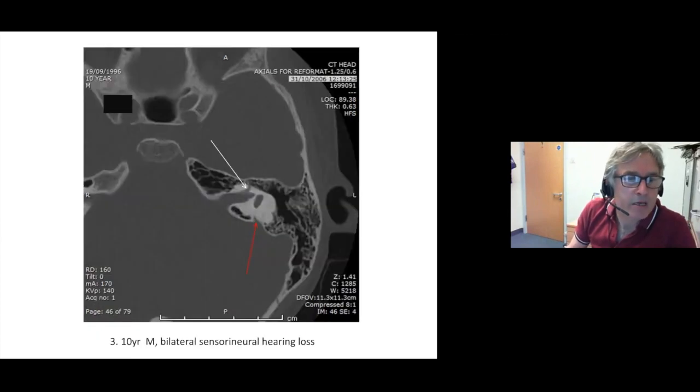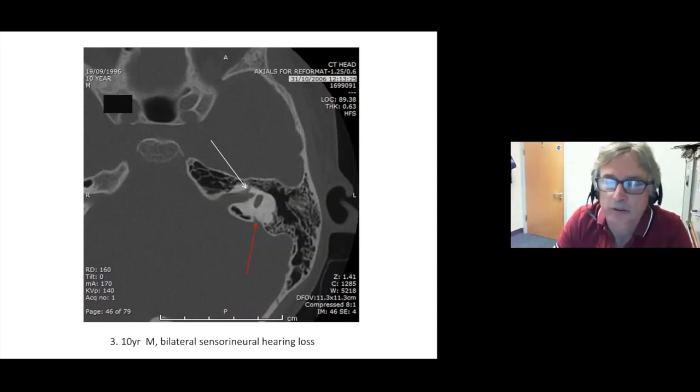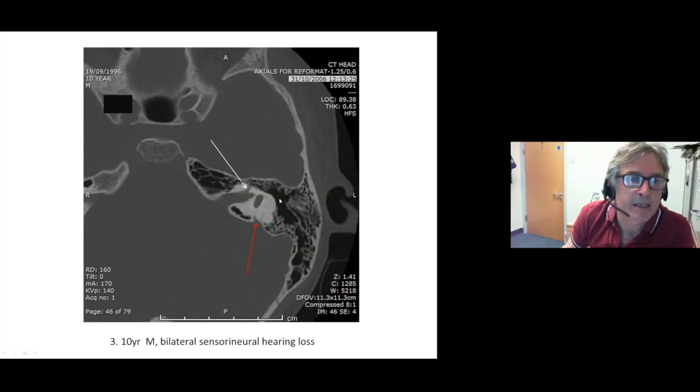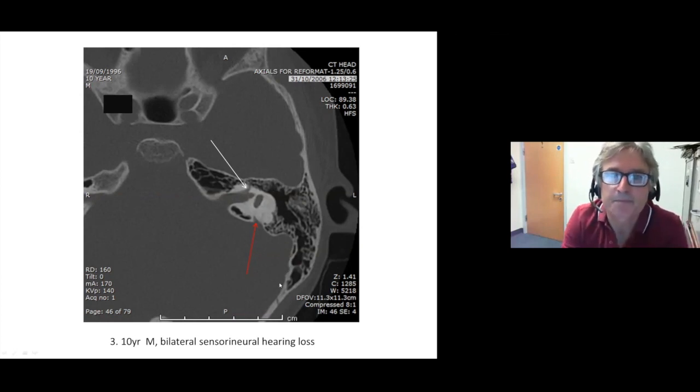Case number 3. This is a 10-year-old boy with bilateral sensorineural hearing loss. Axial image through the, well, we can see where we are. We're through the adductors here, so top end of the otic and the mastoid antrum. What's missing? Question number 1. Question number 2 is, what's the diagnosis?